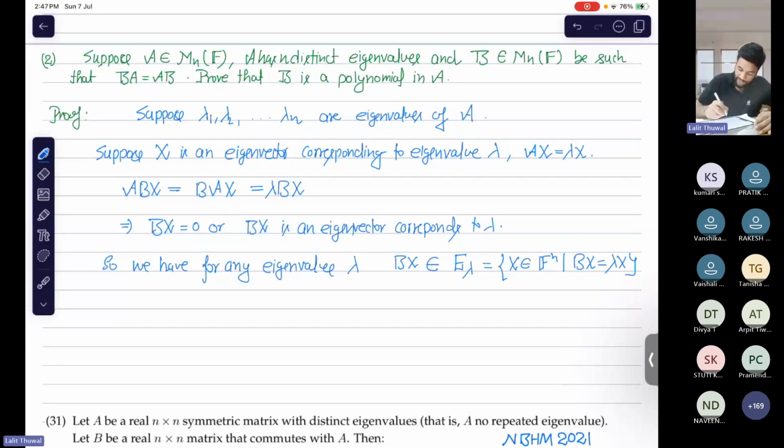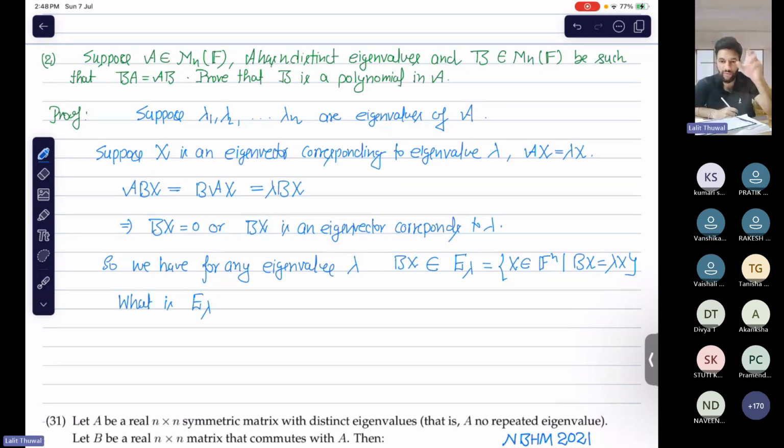Can any one of you tell me what is the dimension of E lambda?